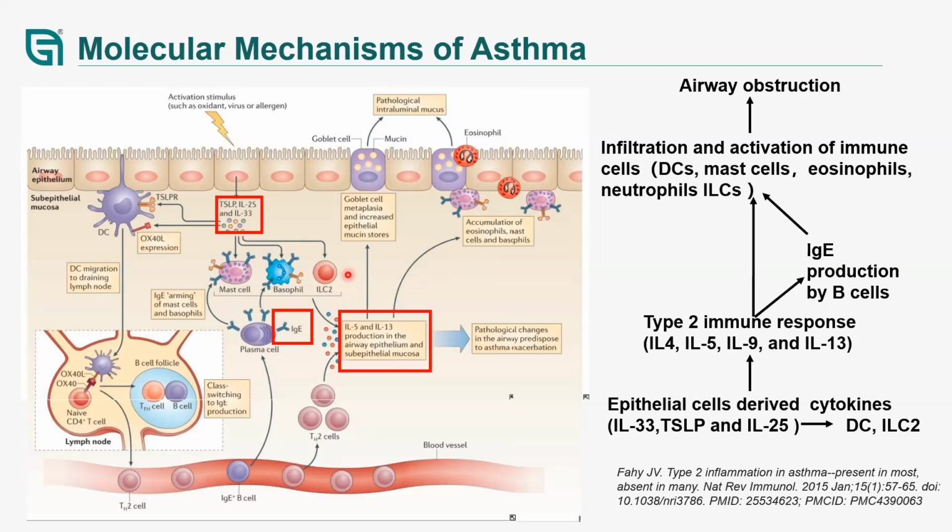In mice, the allergen exposure is able to trigger the production of IL-33, thymic stromal lymphopoietin, or TSLP, and IL-25 by epithelial cells. All these epithelial-derived cytokines contribute to the establishment of Th2 response in murine models of eosinophilic asthma.